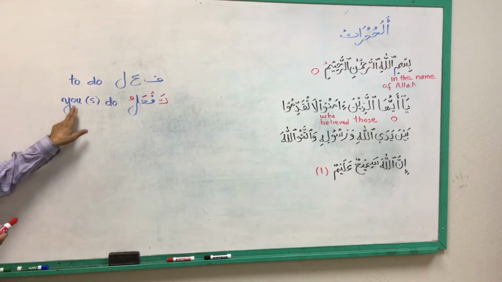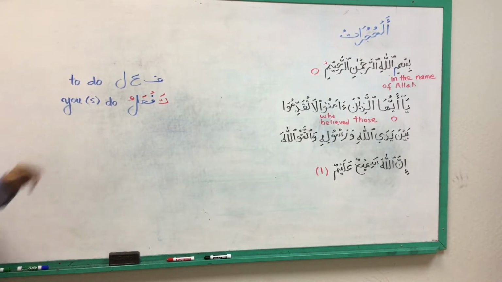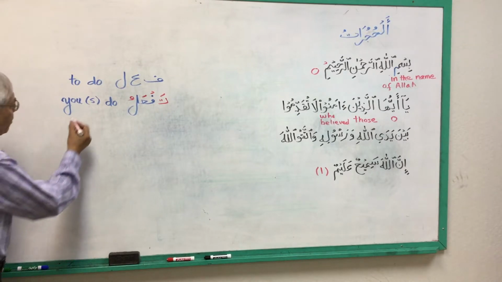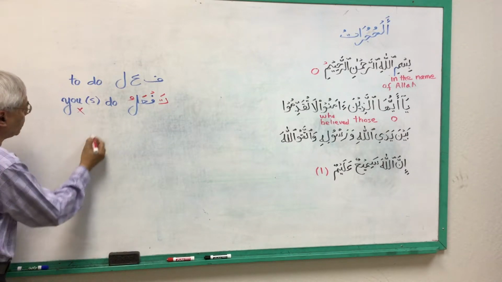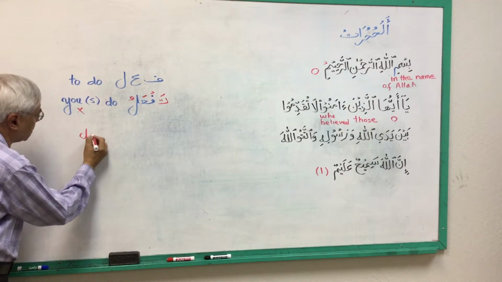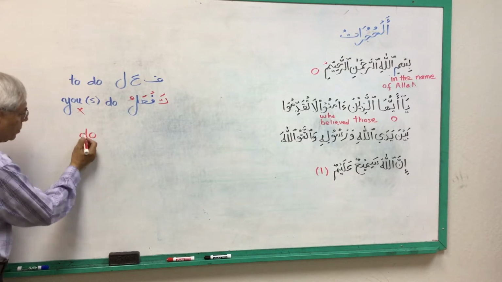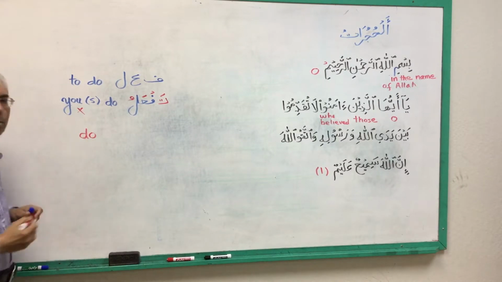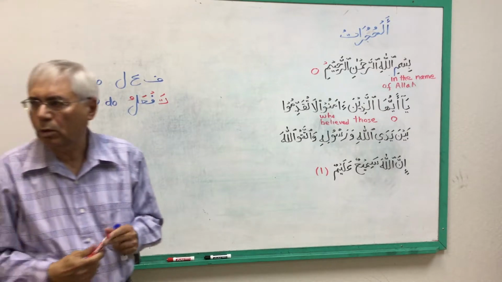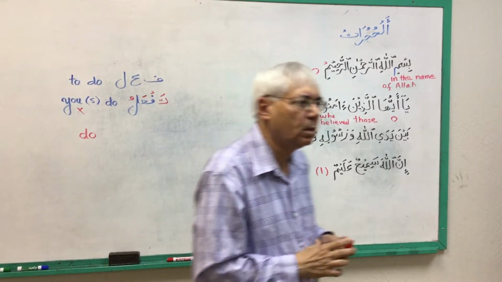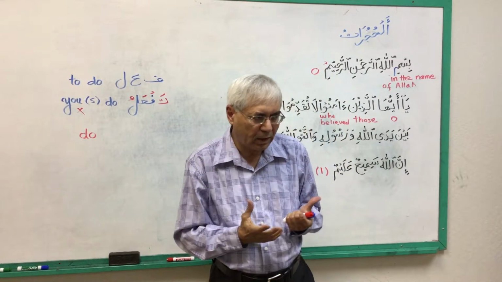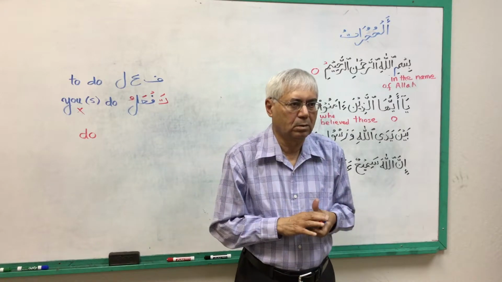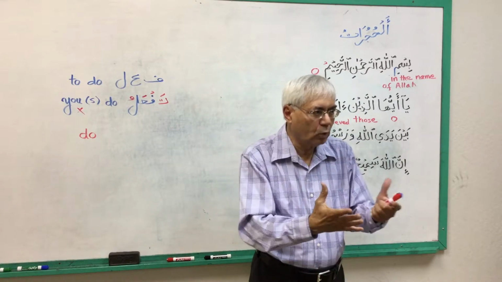Now in this English word, if I drop this one, you, what am I left with? Do. If I removed you, what am I left with? Do. What is do in English? Command. Do.